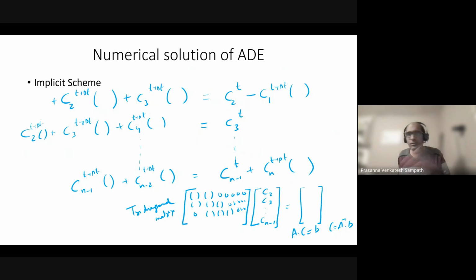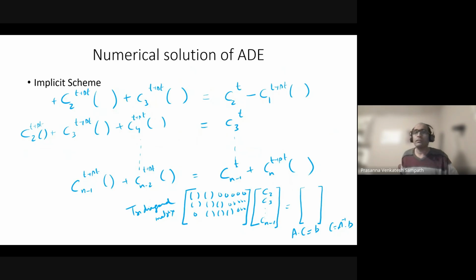There are always benefits in using a simple approach versus a slightly more sophisticated approach, which requires some additional computational cost, but gives you the advantage that the answer you get from the implicit scheme is unconditionally stable.